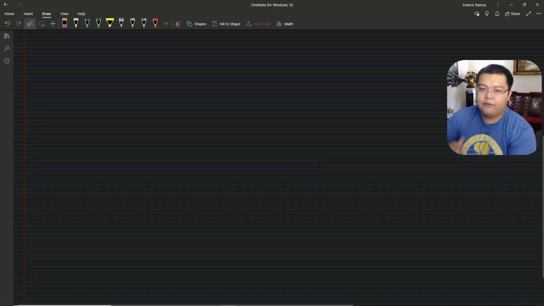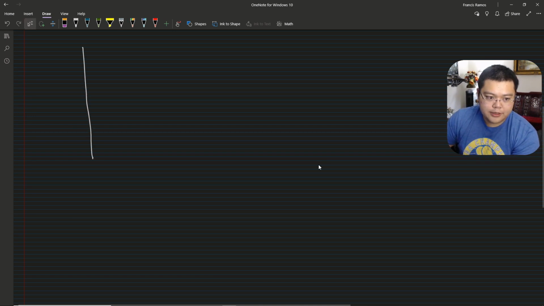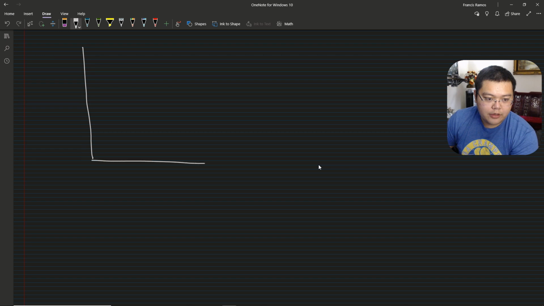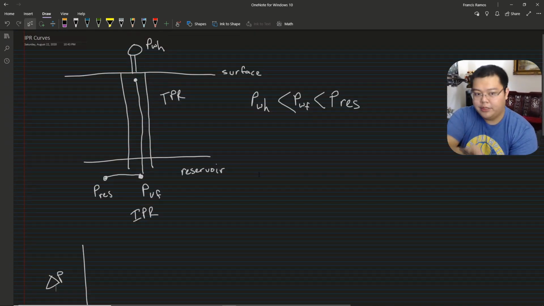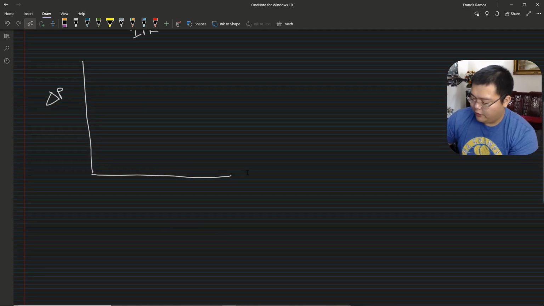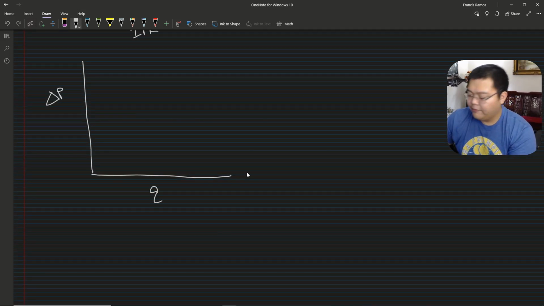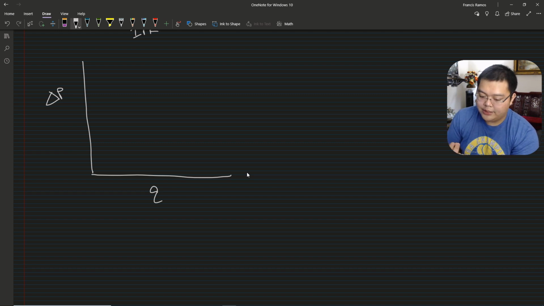When you graph performance in petroleum, you're going to make this graph right over here. The two parameters that we really discuss in performance are change in pressure, your pressure drop that we talked about up here, and flow rate. Assuming primary recovery, so the only pressure supporting your reservoir is the natural pressure, your reservoir will look something like this.